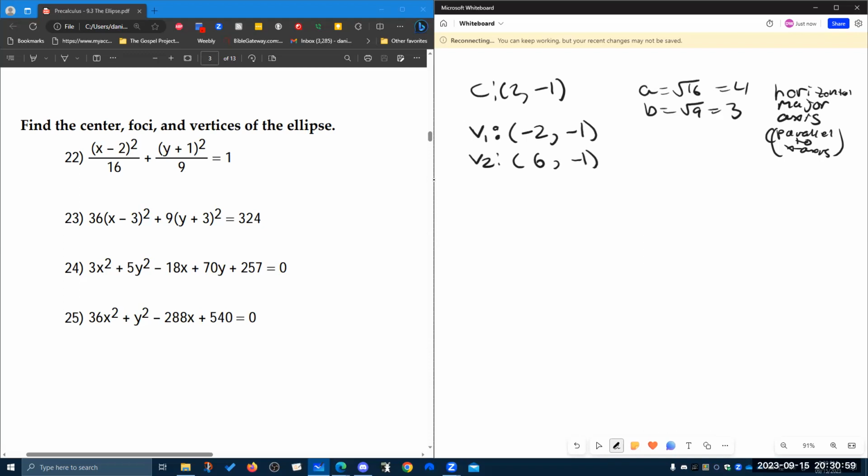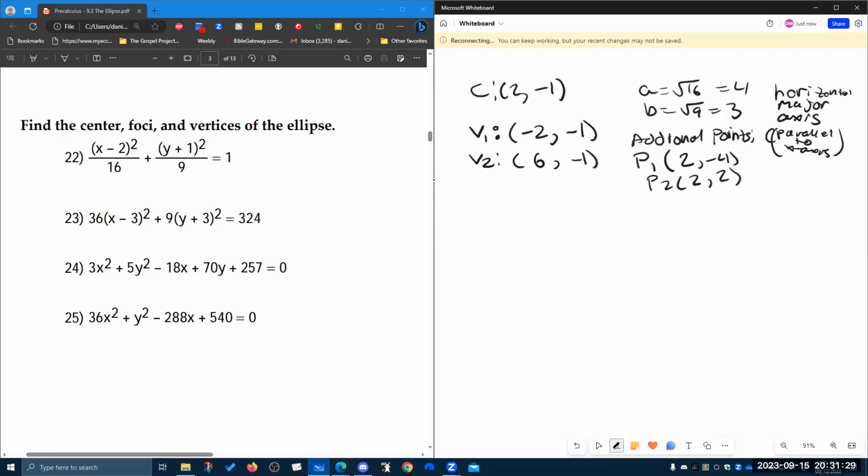I have additional points that are on my minor axis, and I'm just calling them P1 and P2 for point 1 and point 2, that are going to be at (2, -4) and (2, 2).